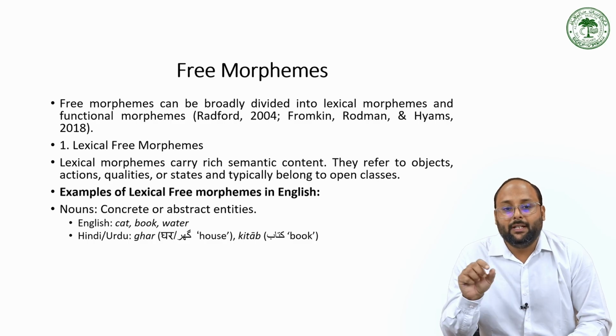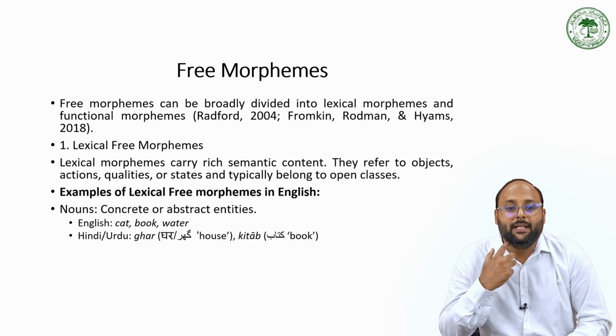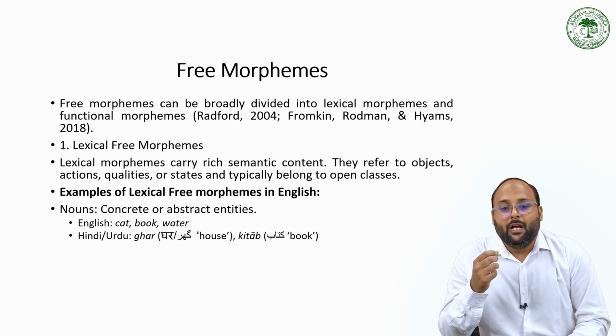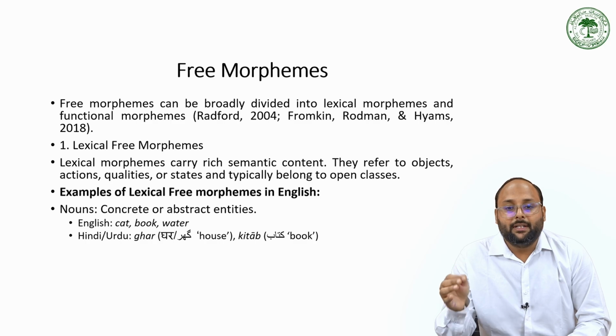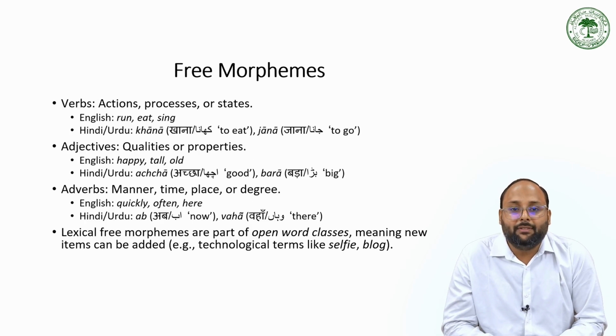All the nouns, all the verbs, all the adjectives, all the adverbs in both languages, Hindi, English, Urdu, come under the lexical free morphemes. We have examples of verbs like run, eat, sing, khana, jana.